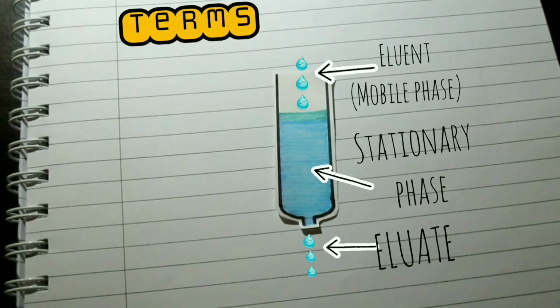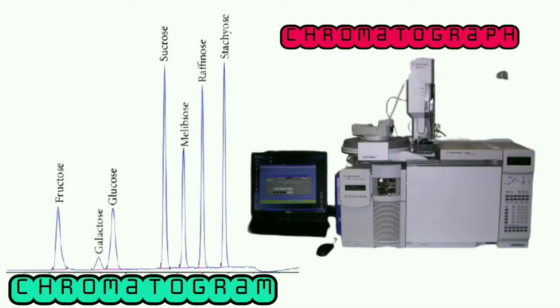Elution is a process in which solutes are washed through a stationary phase by the movement of a mobile phase. Chromatography represents a separation technique, whereas a chromatograph is a system for performing chromatography. The chart displaying the time-dependent change in signal intensity as a result of the separation is called a chromatogram.